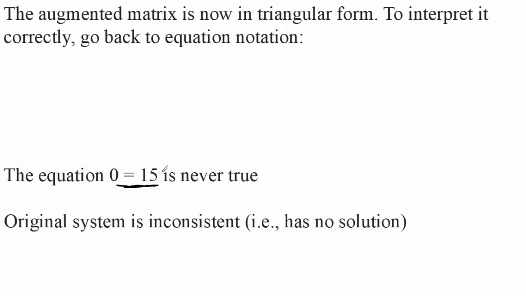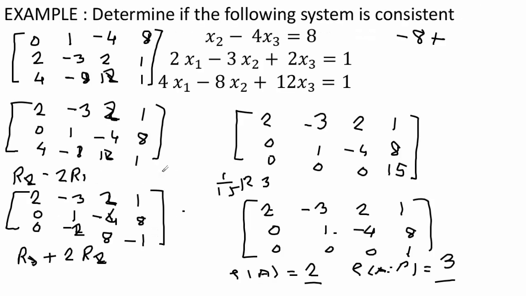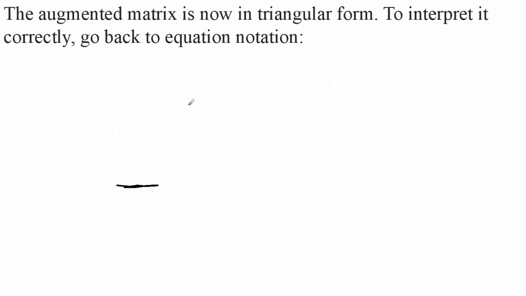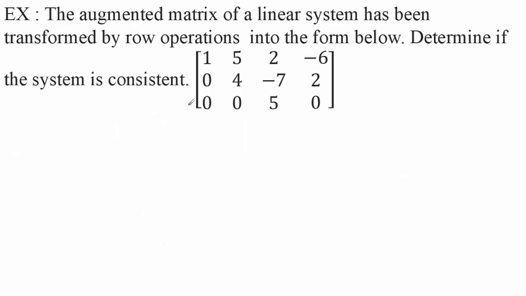We can check by deciding the rank, or in the second way we construct the equations from this system, and we will get the third equation as 0 equal to 1 or 0 equal to 15. This is not true, and hence the system is not consistent.